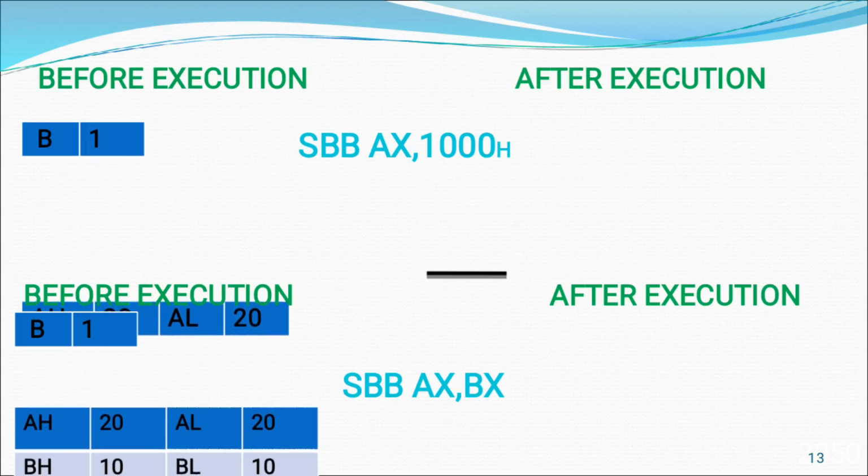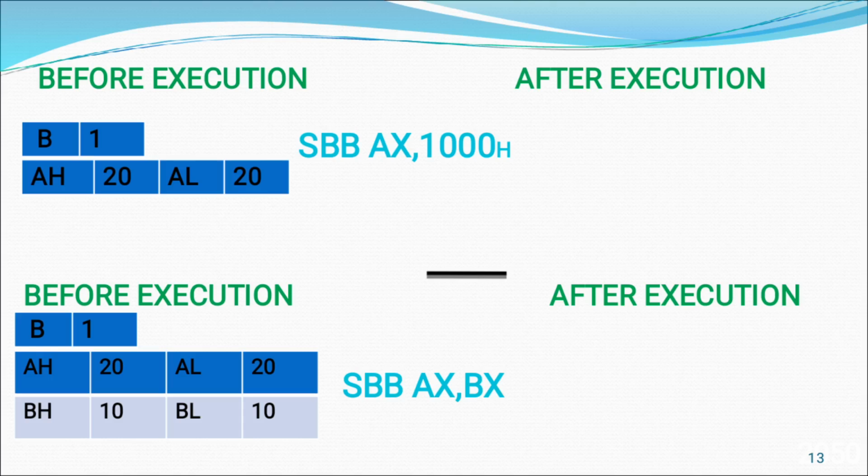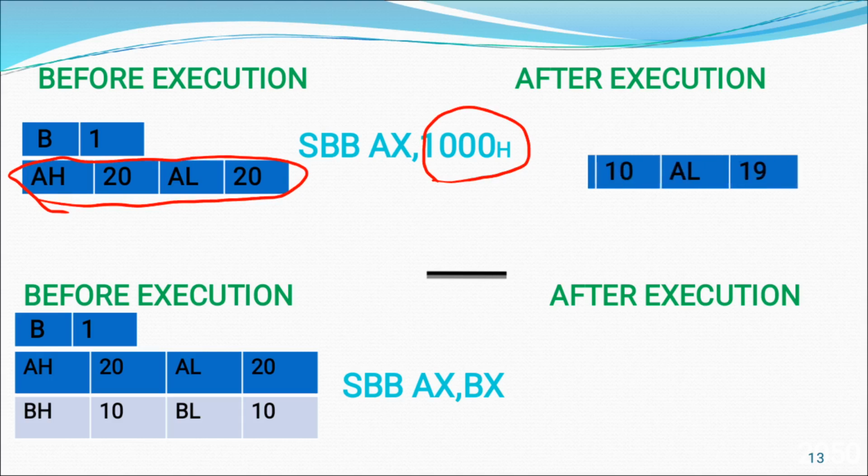Here the microprocessor will subtract direct data 1000 from the content of AX and then subtract 1 from the result. Register AX has the value 2020 and the direct data is 1000. So this instruction will subtract 1000 from 2020 and the result will be 1020.